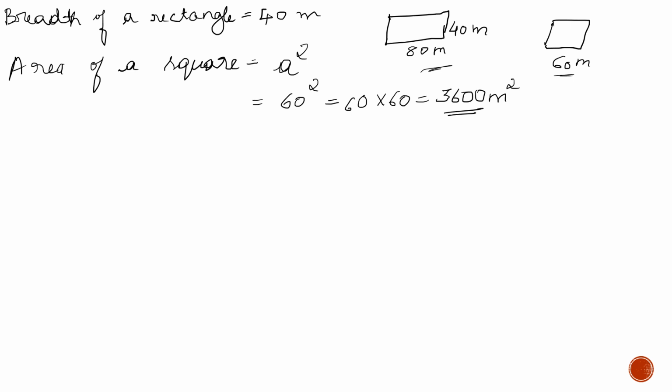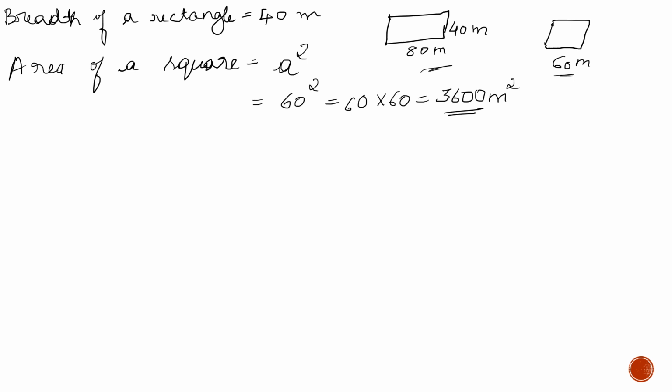Okay, correct? 6 into 6 is 36 and 2 zeros. Why meter square? It's an area. Unit of area is meter square. So 3600 meter square. We have got the answer.